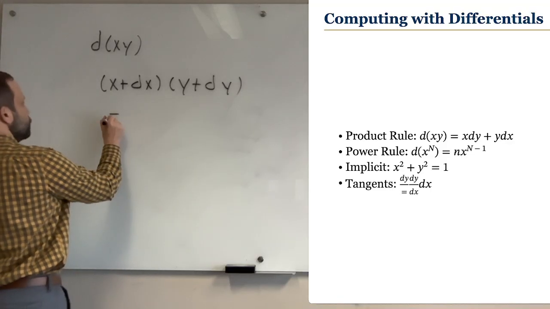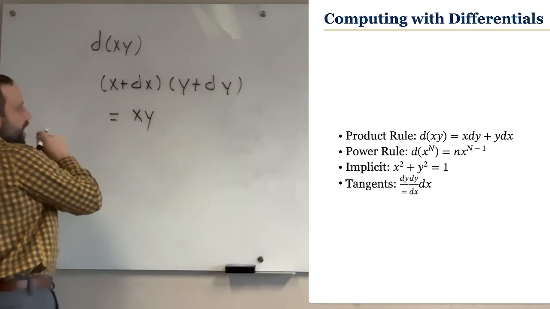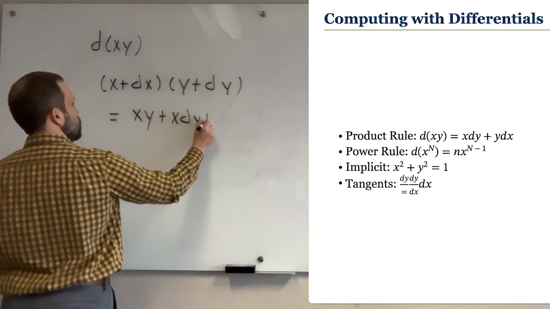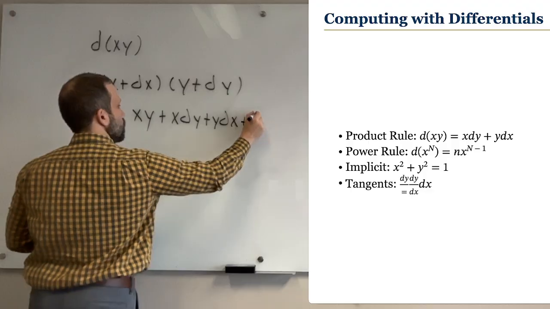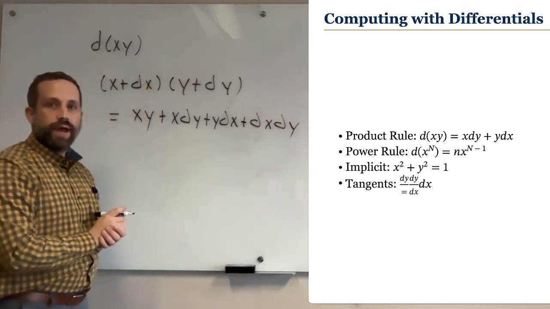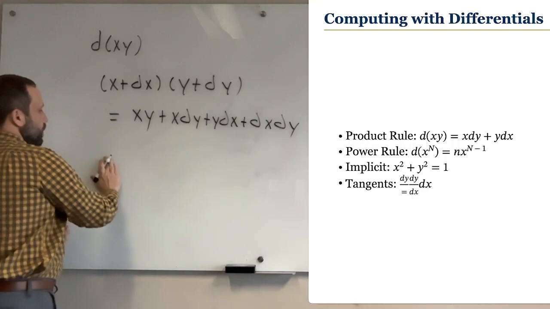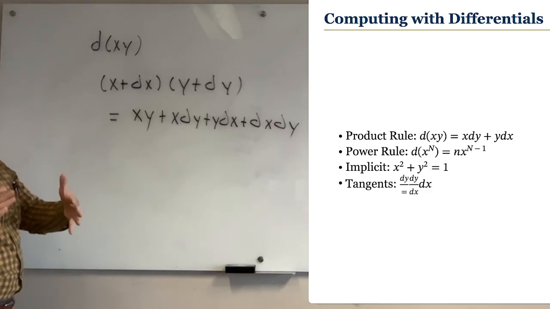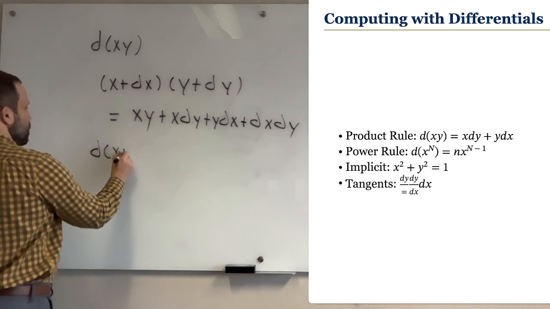And then again, if we do algebra here, we're going to get xy plus x dy plus y dx plus dx times dy. Okay, now what we're going to do then is do xy minus this.